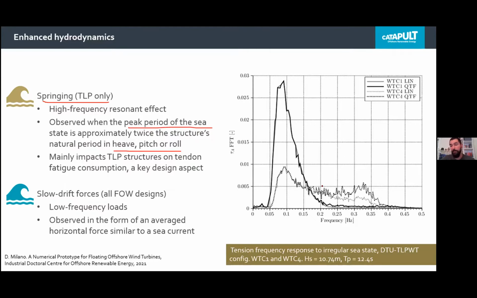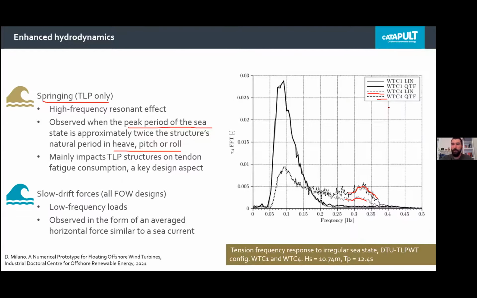Now, this is another plot from a paper I published a few years ago, and you can take a look at the dotted lines where I'm comparing the linear with the QTF results, and you can see that high frequency springing starts to kick in. So there is an actual effect in it.